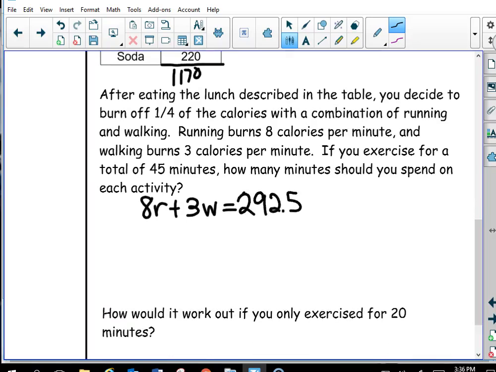The other part of this problem we know is that the minutes running plus walking is going to be 45 because we've made that commitment.